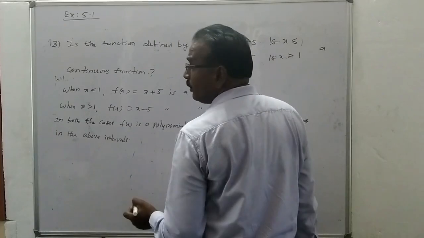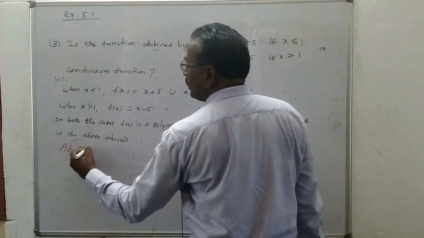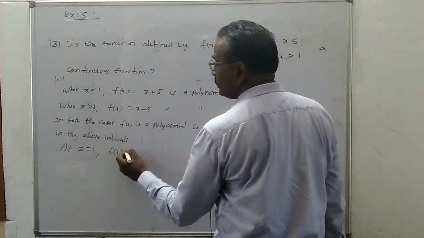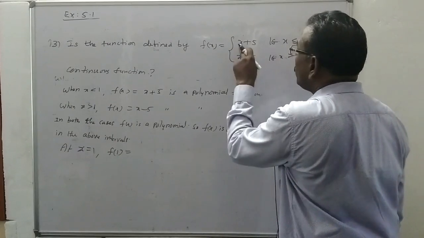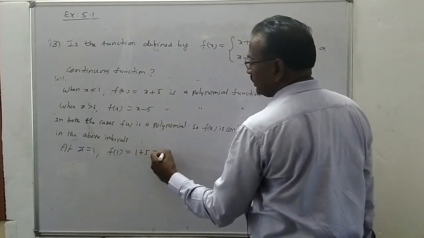So we need to check the continuity at x equal to 1 only. At x equal to 1, what is the value of f of 1? f of 1 is equal to, at x equal to 1, the function is x plus pi. So f of 1 is equal to 1 plus pi.